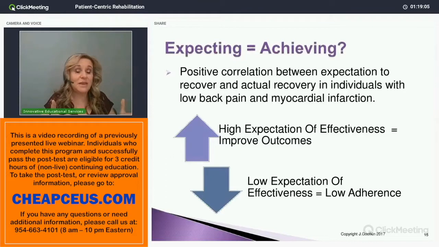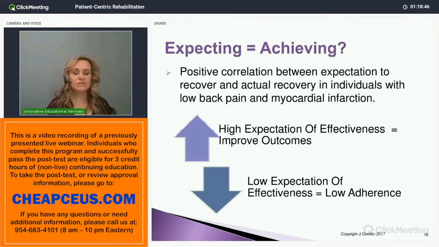Does expecting they have what it takes to get through rehab and have a positive outcome ultimately play a role in their achievement? And the research, again, is looking at this kind of nebulous factor and trying to explain it a little more concretely.